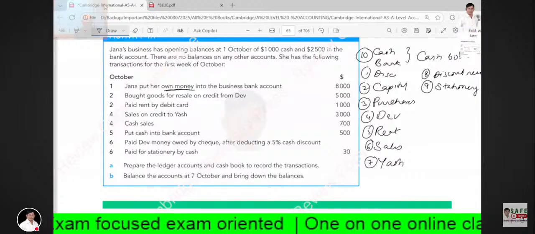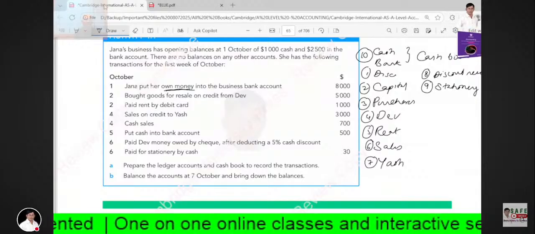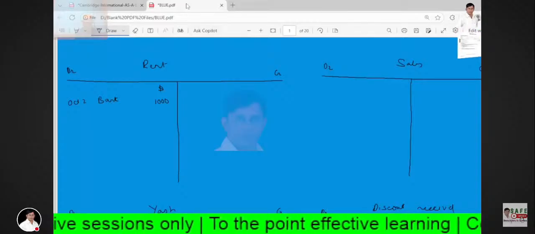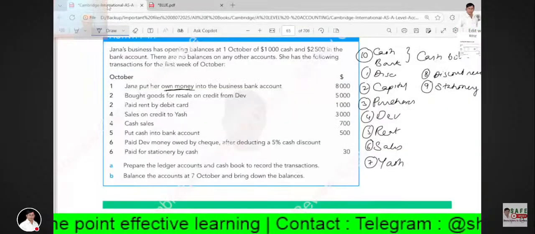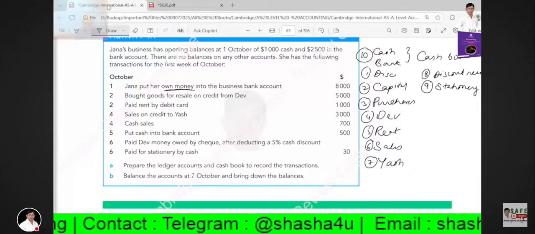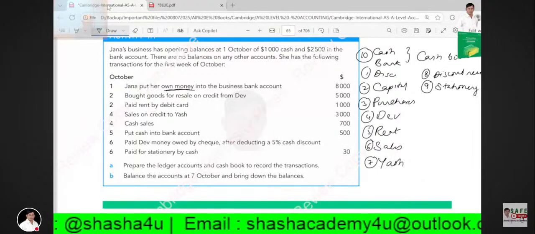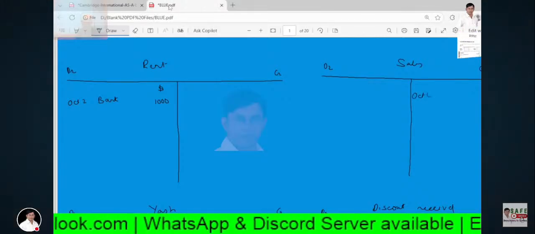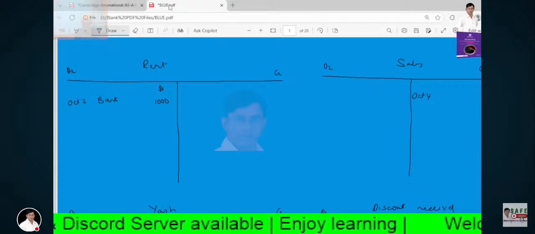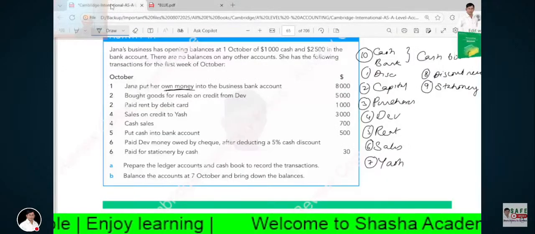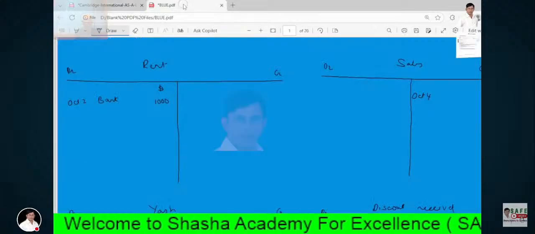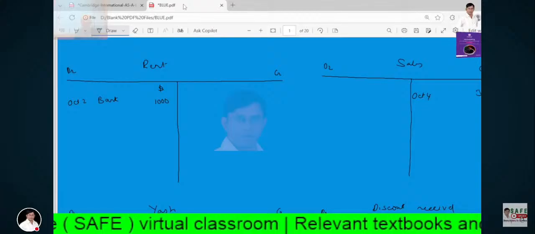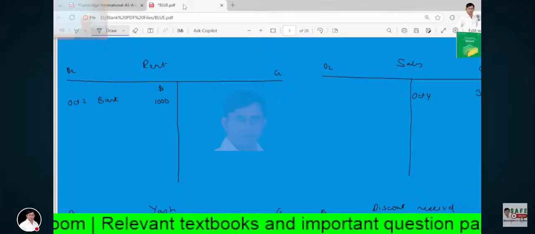Next, sales on credit to Yash, on the 4th, 3,000. Sales is always credited.